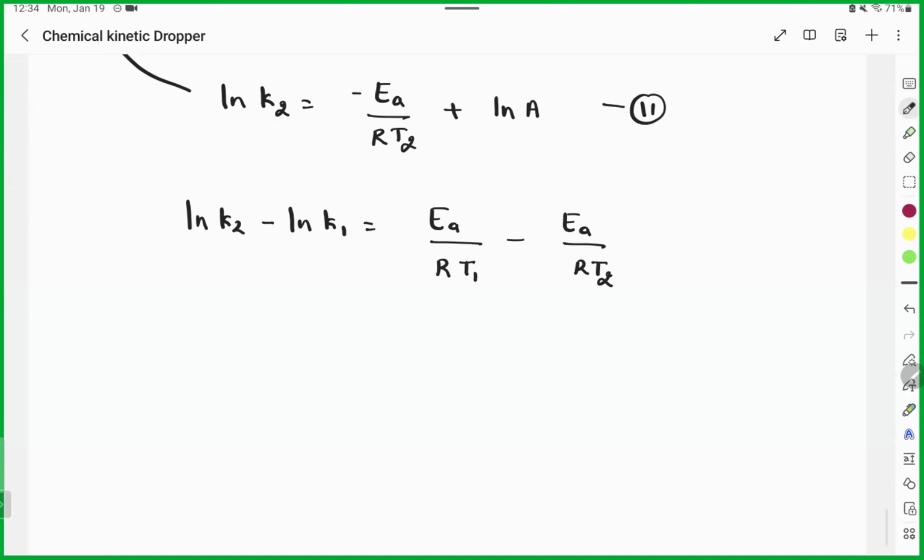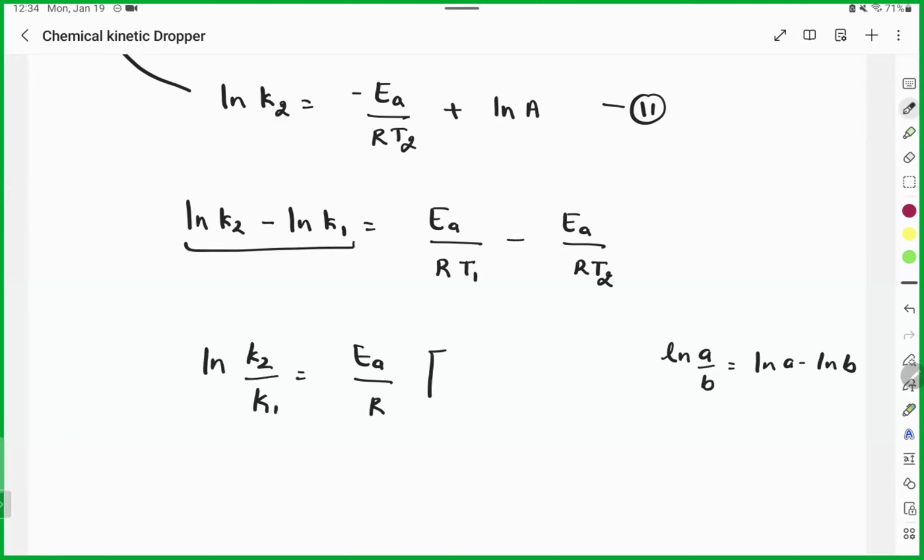So according to the formula, natural log A by B is equal to natural log A minus natural log B. So this will become natural log K2 by K1. Here EA by R will be common. It will be 1 by T1 minus 1 by T2.